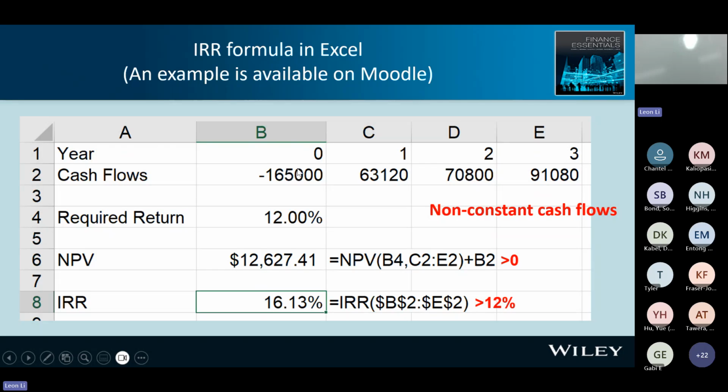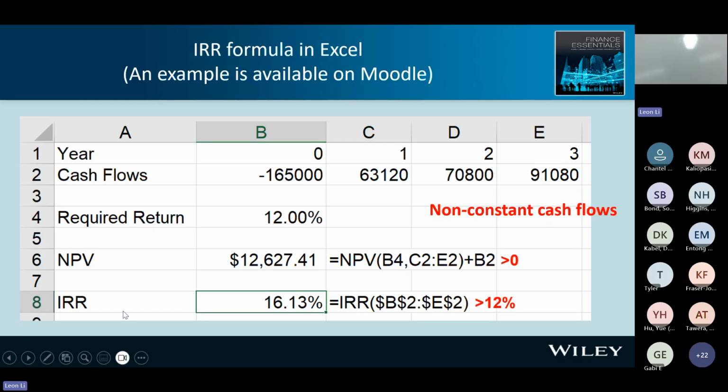So this is our 3-year project, right? Our required return is here, 12%. You can see in this project we have non-constant cash flows, multiple cash flows that are not constant. NPV is here; we use the NPV formula. This number is positive, so we can accept this project.